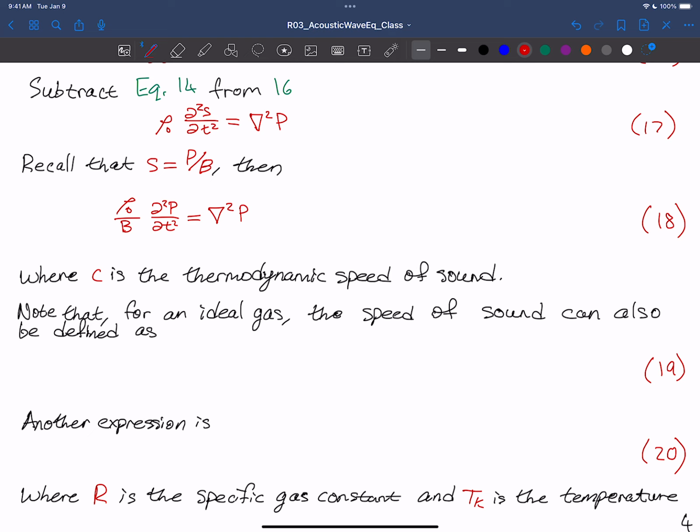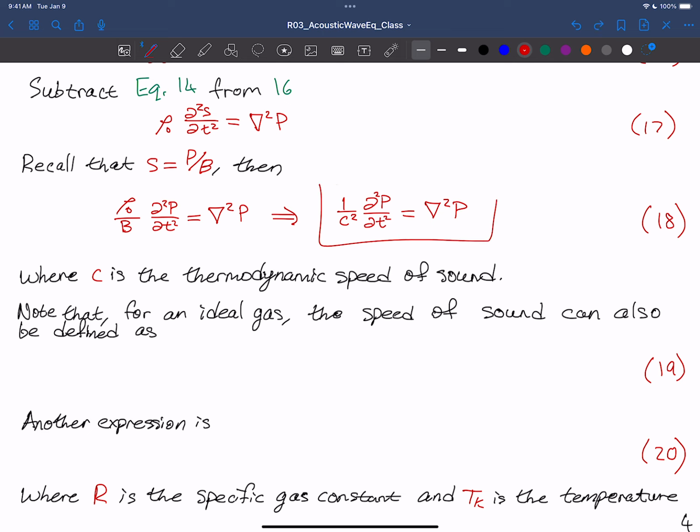And from here, we get that the quantity 1 over c squared times p sub tt, that's now our second derivative there. And actually, we're going to write it as partial squared p over partial t squared is equal to del squared p.